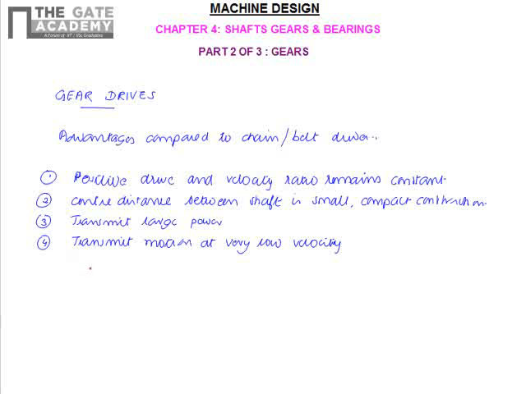Then the efficiency of gear drive is much higher compared to that of other drives, and it is close to 90% for spur gear. We'll see the details of spur gear.